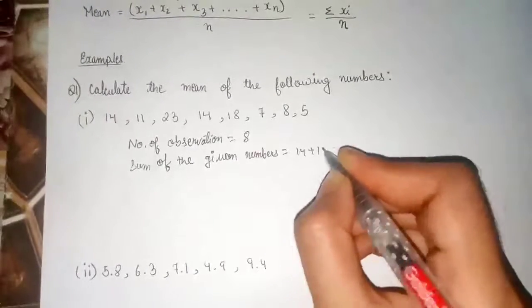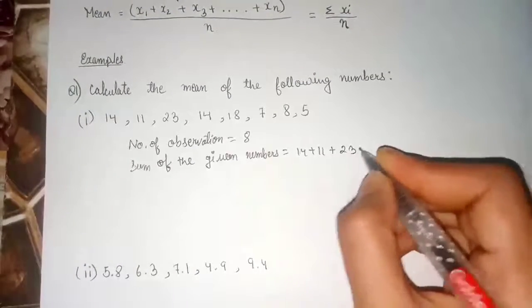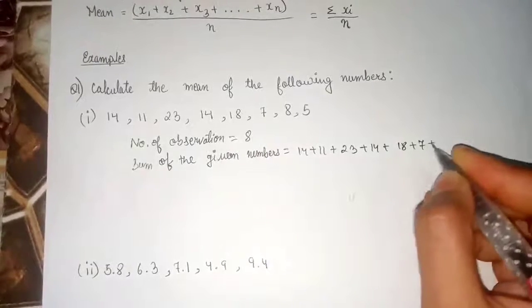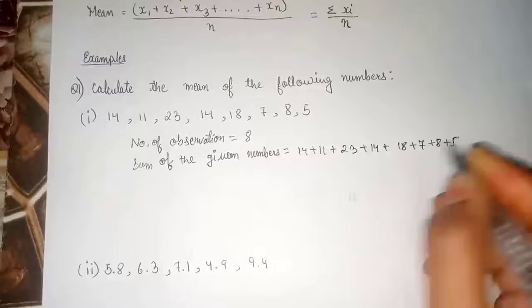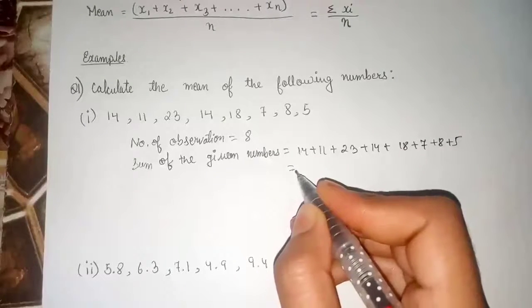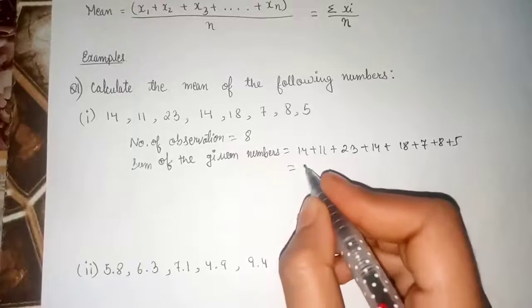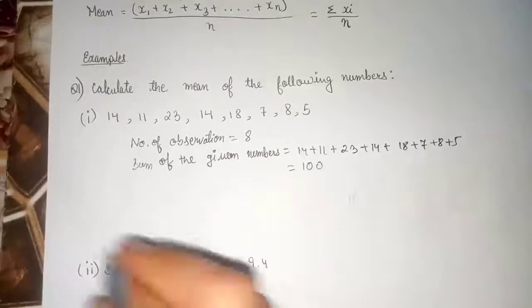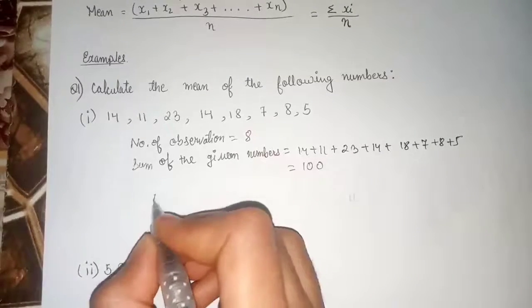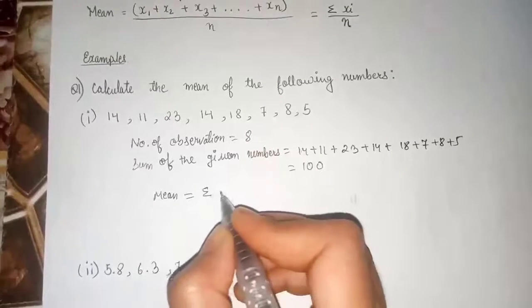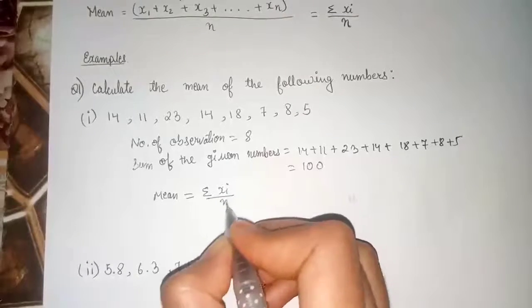14 plus 11 plus 23 plus 14 plus 18 plus 7 plus 8 plus 5 equals to, when you add all these numbers, the answer you will get is 100. So we will write here the formula: mean equals summation of xi by n.